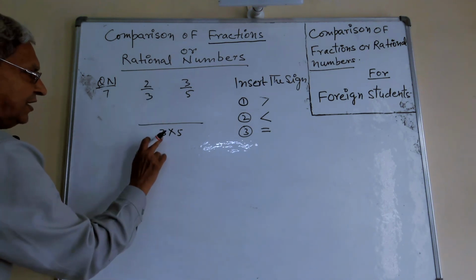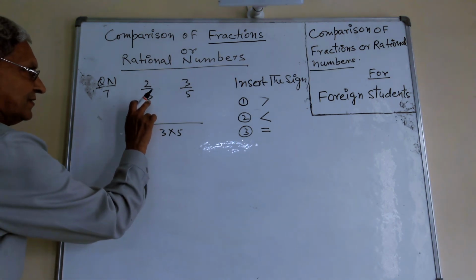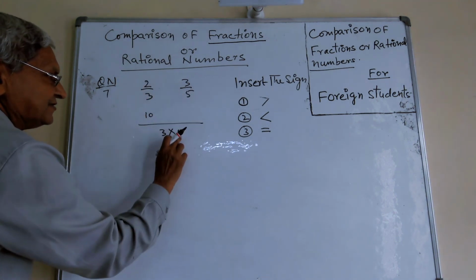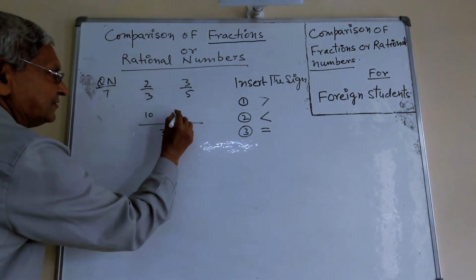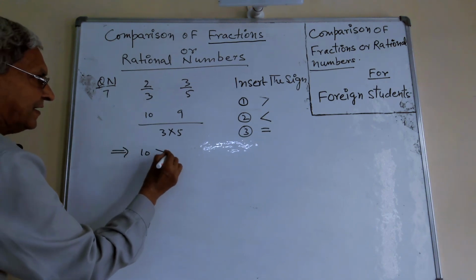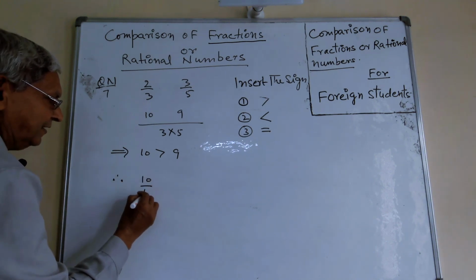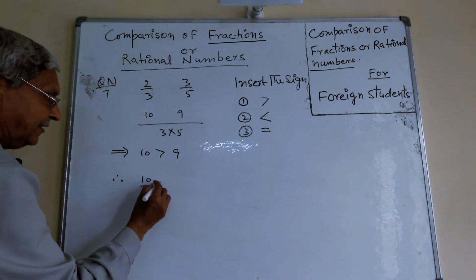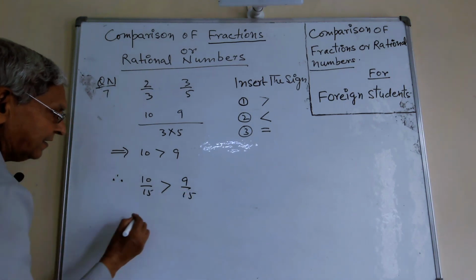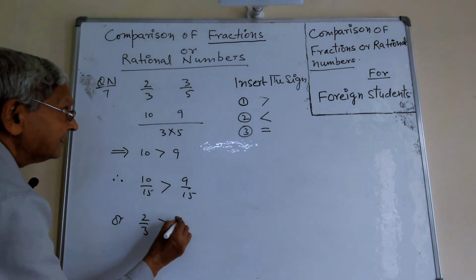Here you see this 3 is cancelled by this 3 and multiply 5 by 2, 10. 5 is cancelled by 5 and 3 is multiplied by 3. This is 9. Also here this implies 10 is greater than 9. Therefore 10 by 15 is greater than 9 by 15, or 2 by 3 is greater than 3 by 5.